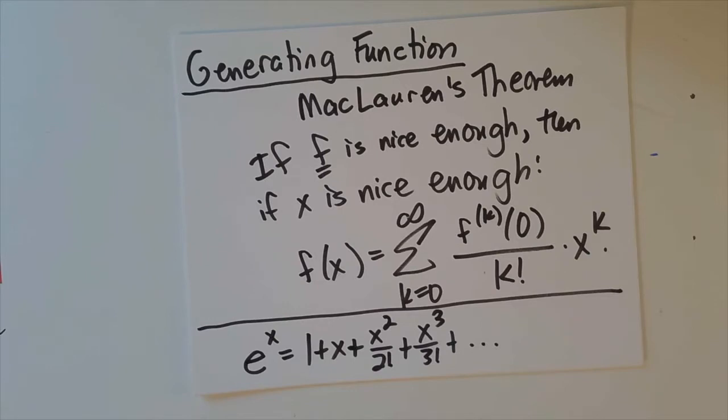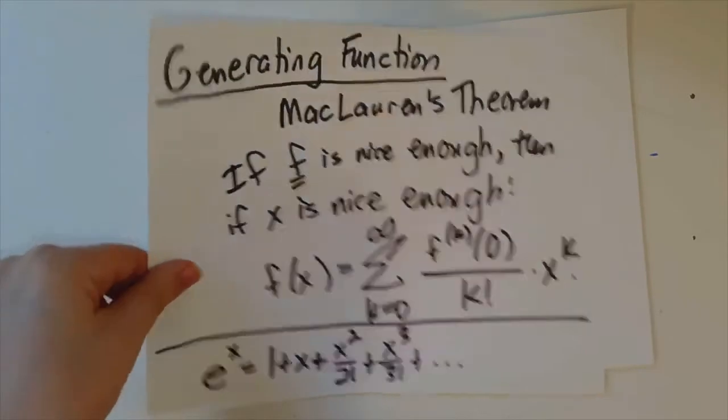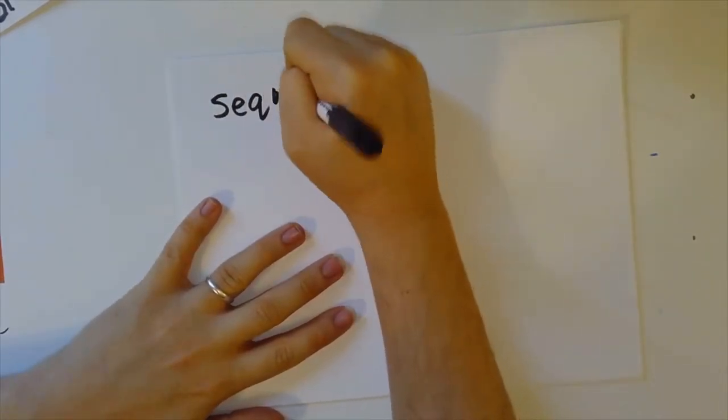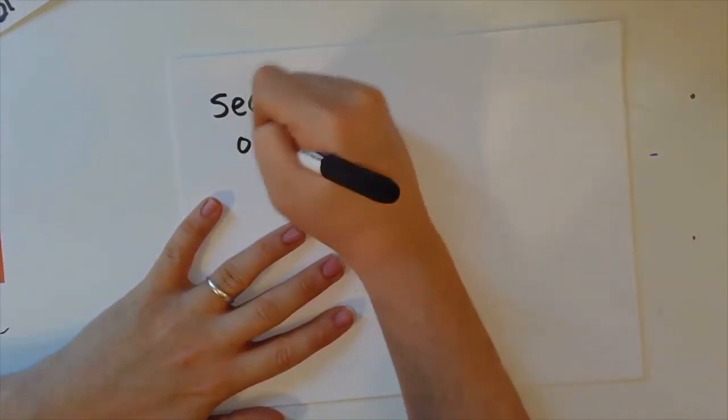But what this theorem really is, if you think about it at the end of the day, is sort of a dictionary that relates 3 different concepts. On one hand, we have a sequence of coefficients.